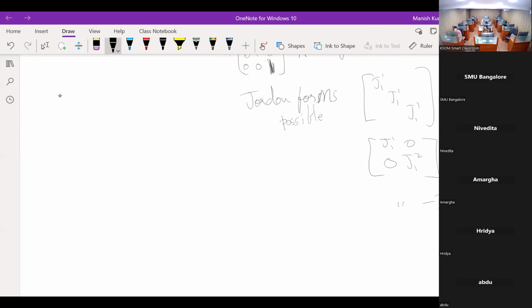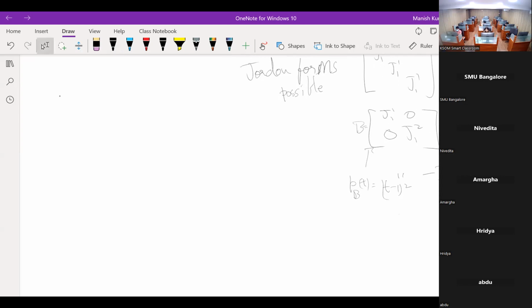So if you square it, you'll get 0. So this has minimal polynomial, let's call this B, p_B(t) is just (t minus 1) squared. Okay, so it is possible, right?